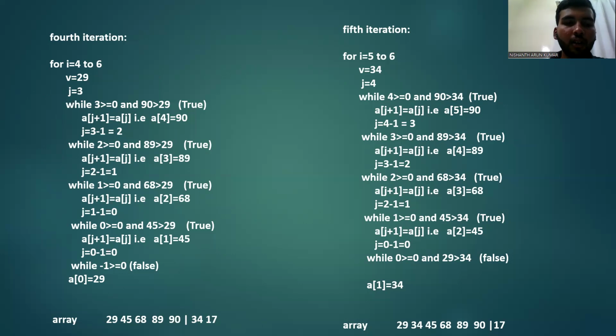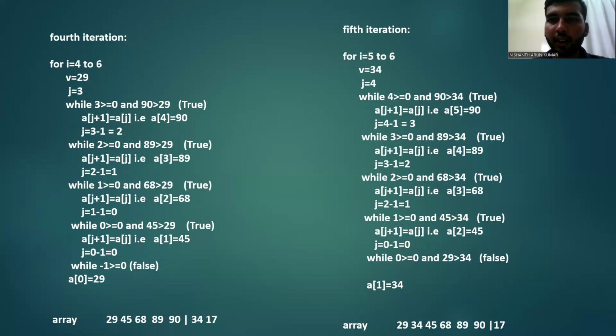Therefore, A of j plus 1 is equal to A of j, so that A of 1 is equal to 45. Then j is equal to 0 minus 1, which is minus 1. While minus 1 is greater than or equal to 0, it is false. A of 0 is equal to 29. Then the array becomes 29, 45, 68, 89, 90.